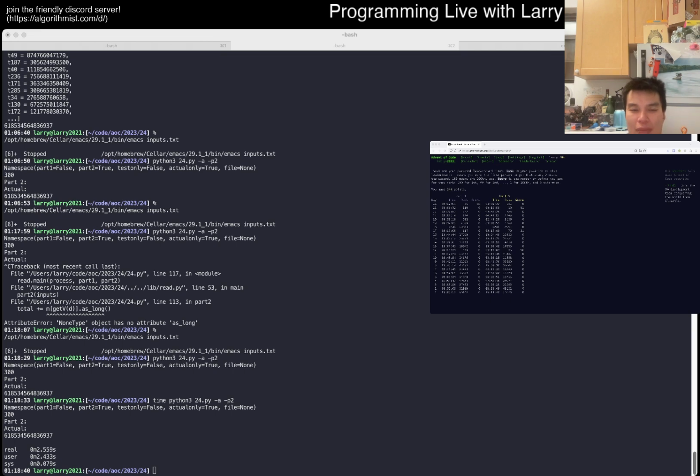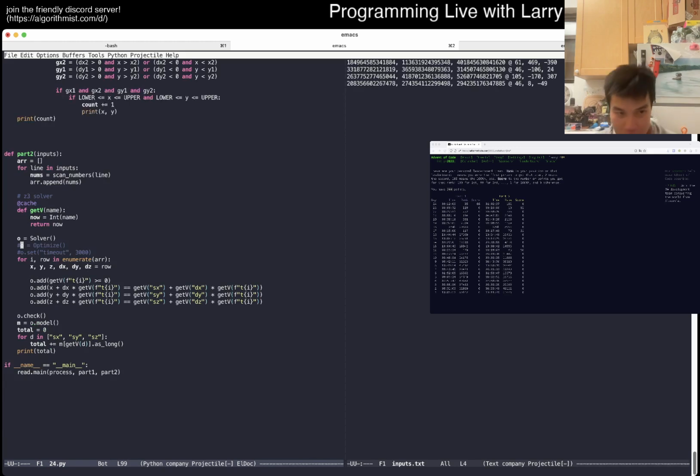Oh, right. Optimizer only works on linear constraints. I think if it threw an error, maybe I would have realized. But I forgot that it's non-linear. That's why the optimizer doesn't really run that well.